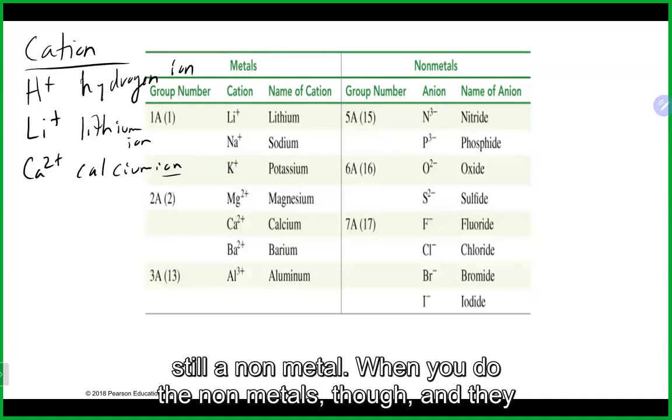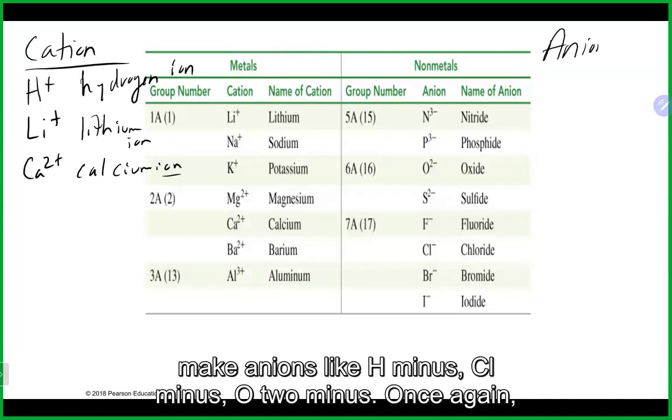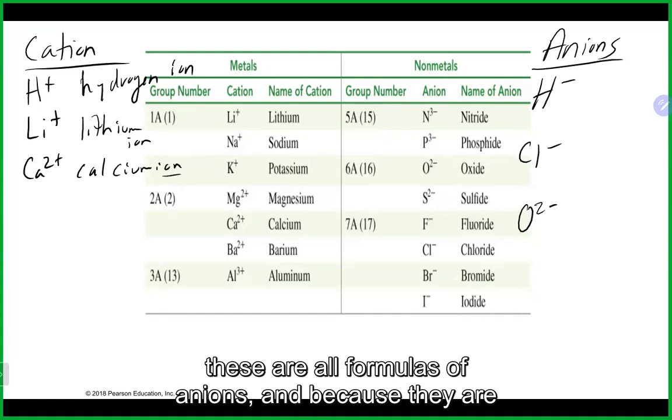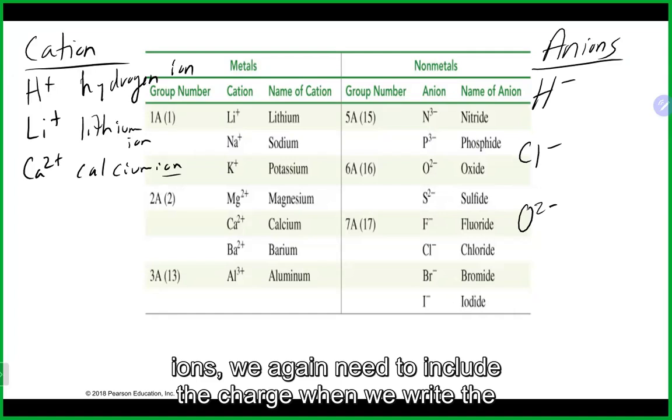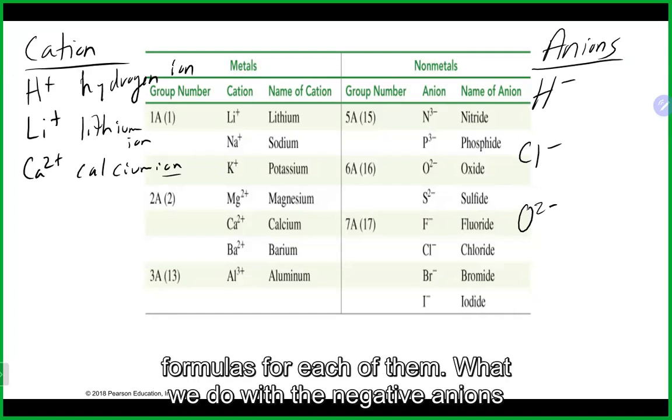When you do the non-metals, though, and they make anions, like H-, Cl-, O2-, once again, these are all formulas of anions, and because they are ions, we again need to include the charge when we write the formulas for each of them.